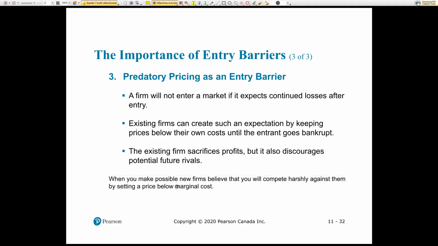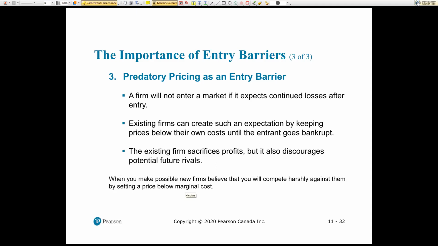So why would you set your price below marginal cost? It sounds suicidal to do that, because you just lose money and lose money and lose money. Well, yes, but if you do that, the other people cannot enter the market. And when the threat of competition is gone, or you can do that to drive some old firm out of the market completely.